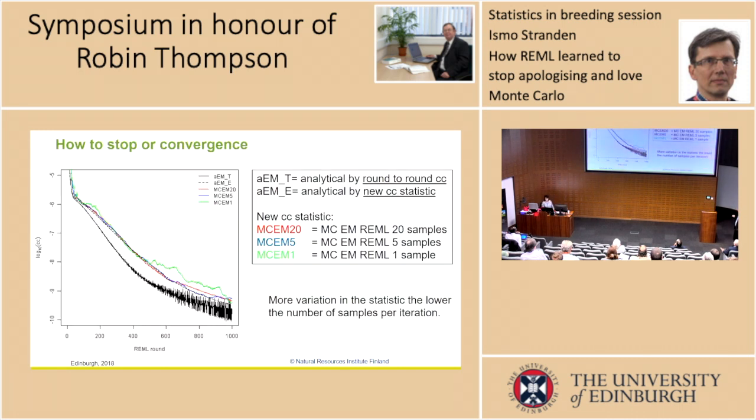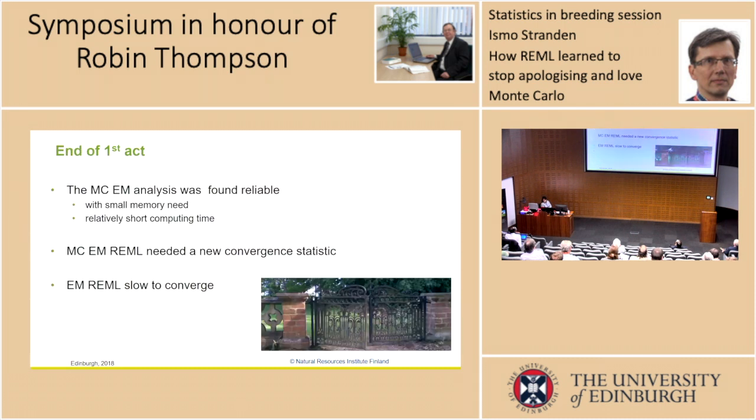So we got some results, and they were really nice. And I'm not going to go into the results of this because I'm later going to explain how MCMC REML works. So this is the end of the first act. We have found that the Monte Carlo REML was quite reliable and behaving similarly to the REML.